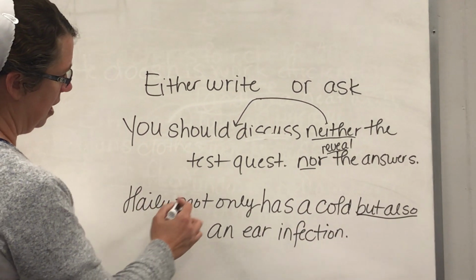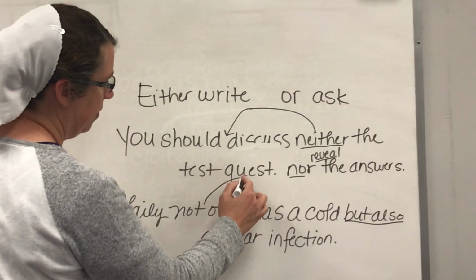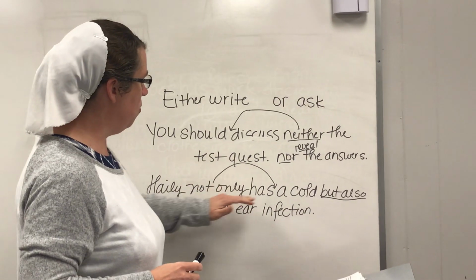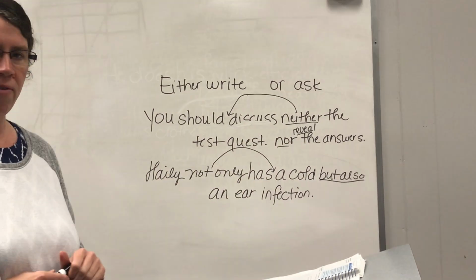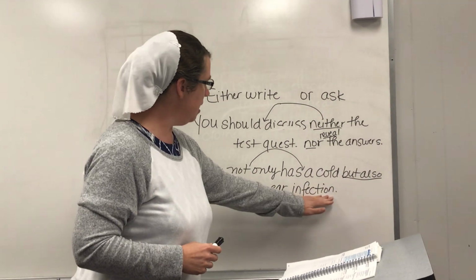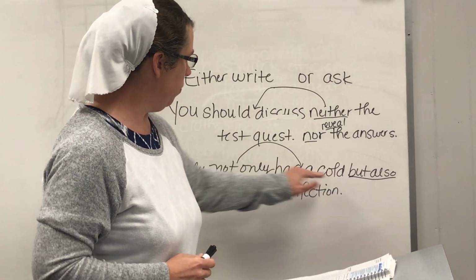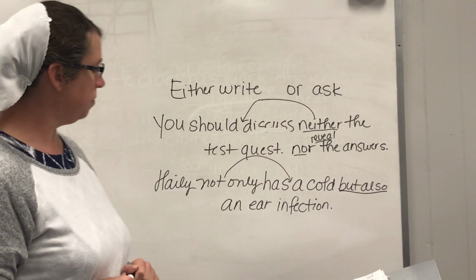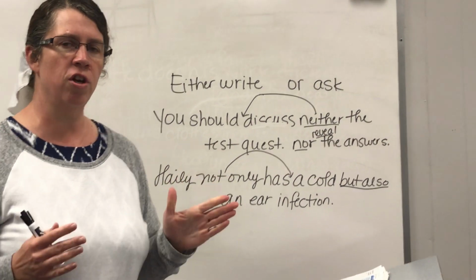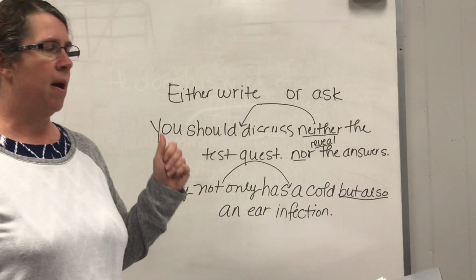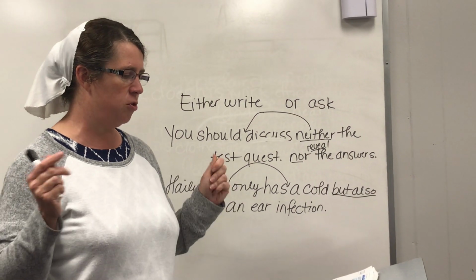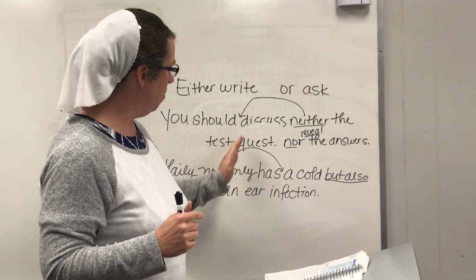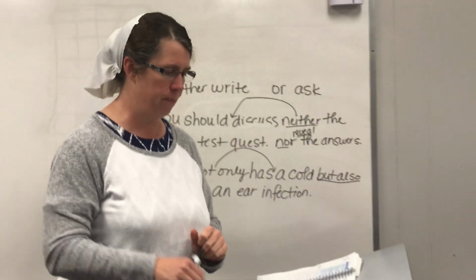We should say Haley has, and put not only right there. Haley has not only a cold, but also an ear infection. You see, it needs to be the same. An ear infection, a cold. Your conjunction needs to be here before the cold. So again, when you're using your conjunctions, make sure that you're connecting two adjectives, two adverbs, two nouns. Don't mix and match. Make it so that all the sentences follow the same pattern.